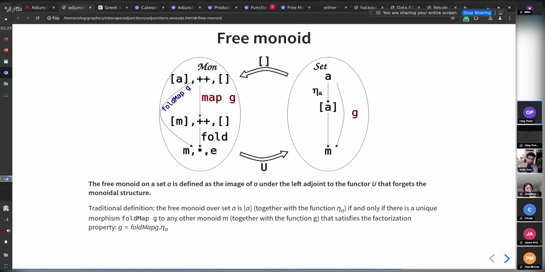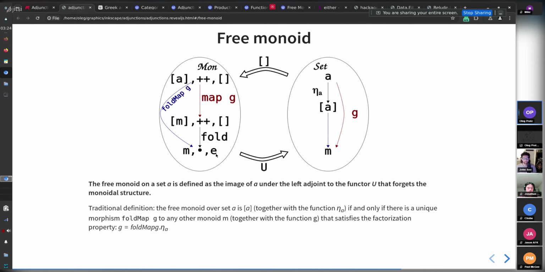That operation is associative, and there's an element that is neutral with respect to this combining operation. They are objects in this category, and morphisms in this category are monoid homomorphisms, that is, functions that preserve the combining operation and the neutral element.